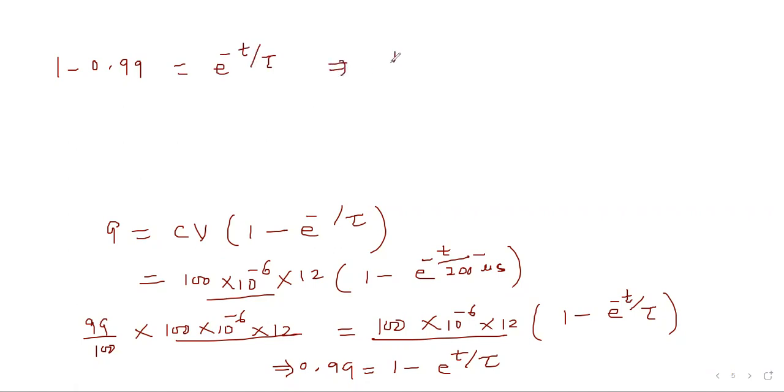That is 1 upon 100 equal to e to the power minus t upon tau. Tau is 200 microseconds. 200 into, here in the numerator we can write 10 power 6, or we can write it in the reverse way. 100 equal to e to the power positive, same value.